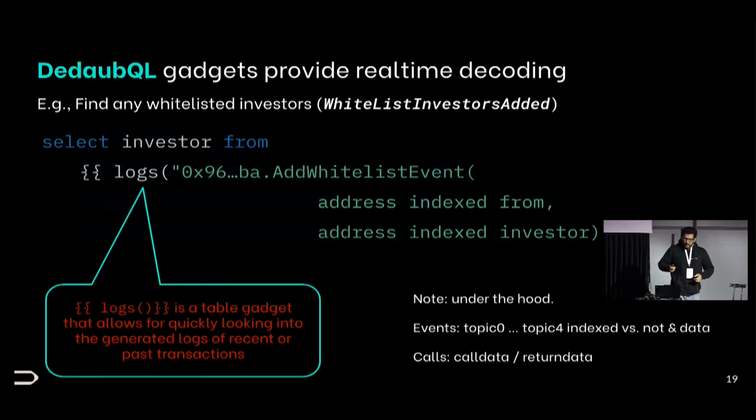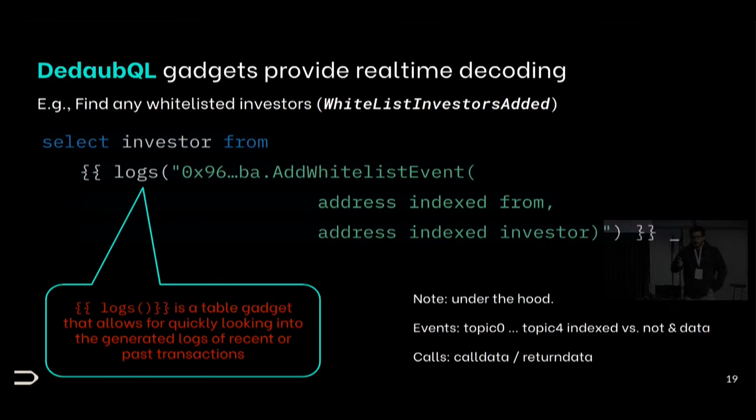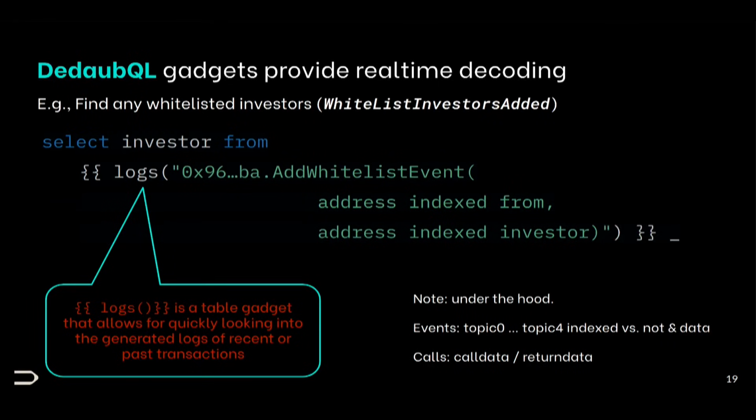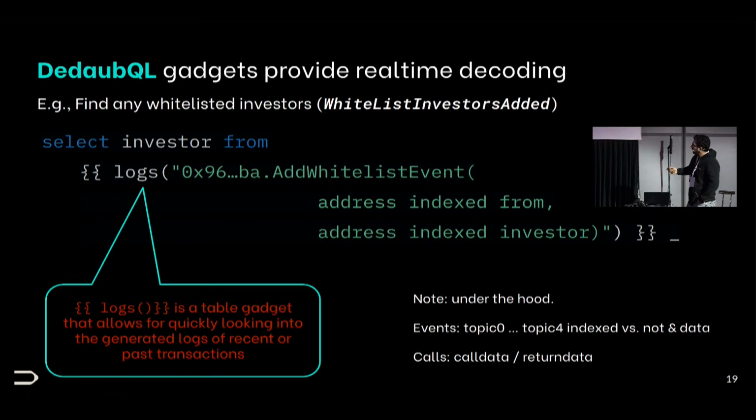Okay? Now here's something else that you can do using the DedaubQL gadgets. So this is a gadget, this is the logs gadget, okay? And it corresponds to the logs table. But in the logs gadget, you can also provide a condition.